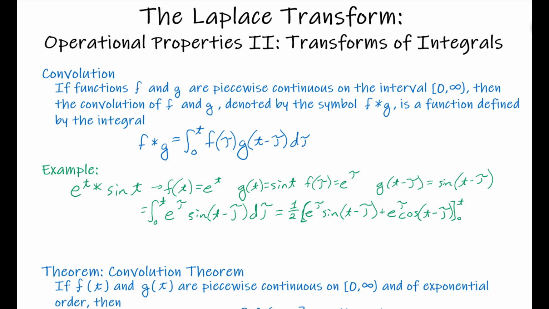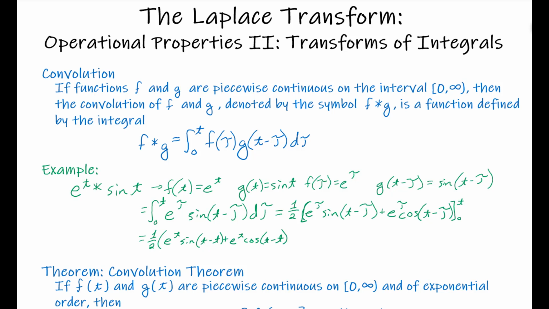When we plug in t for tau, we're going to get 1/2 times e to the t sine of t minus t plus e to the t cosine of t minus t.